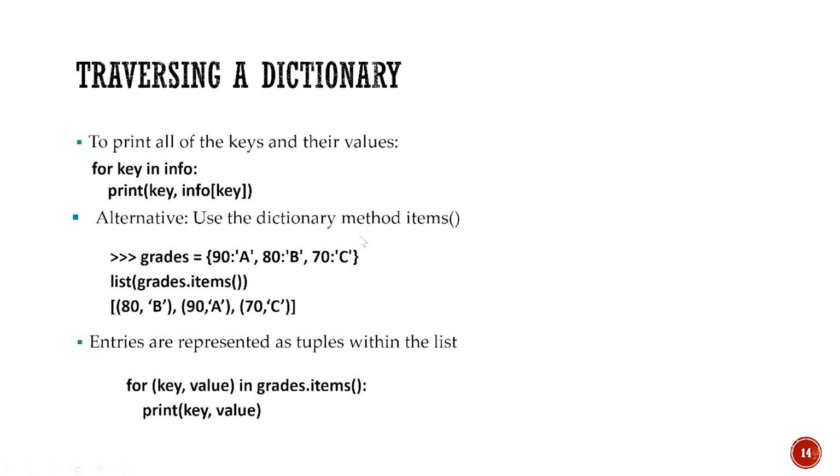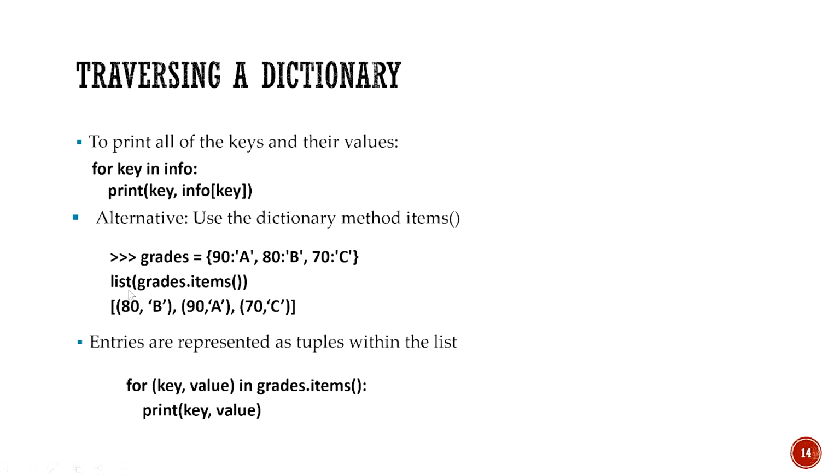We can use a method called items. So in this example, we have a dictionary with 3 keys, and keys are numbers. So 90 here is a number and its value is a string A. The second key is 80 and its value is B. And the third key is 70 and its value is C. Now, if we use the items, so we call the variable dot items, and we want to see them as a list.